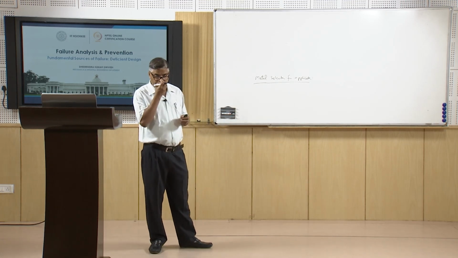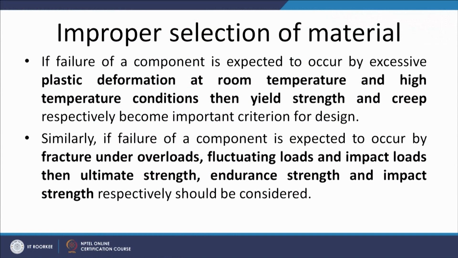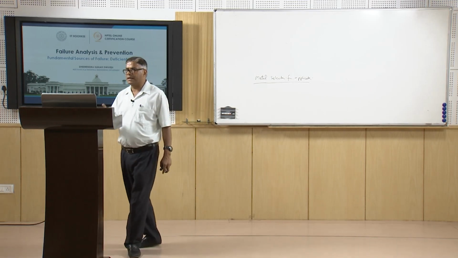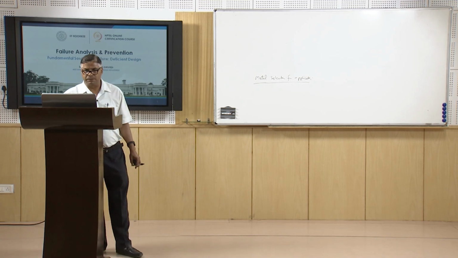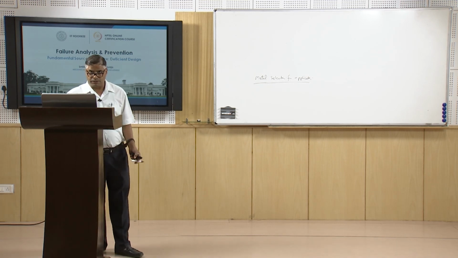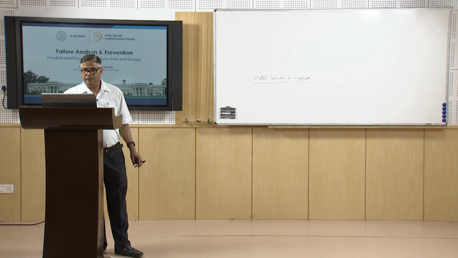Similarly, if the failure of the component is expected to occur under overload fracture, fluctuating load fracture or impact load conditions, then we have to consider the ultimate strength, the endurance limit or endurance strength, or the impact strength of the material. So, as per the case we have to consider the suitable kind of parameters which should be used for selection of the suitable material.